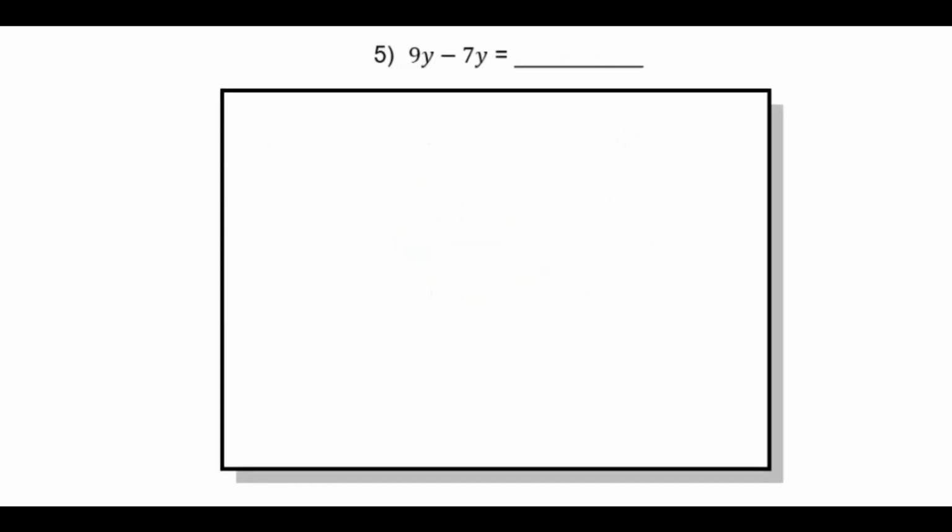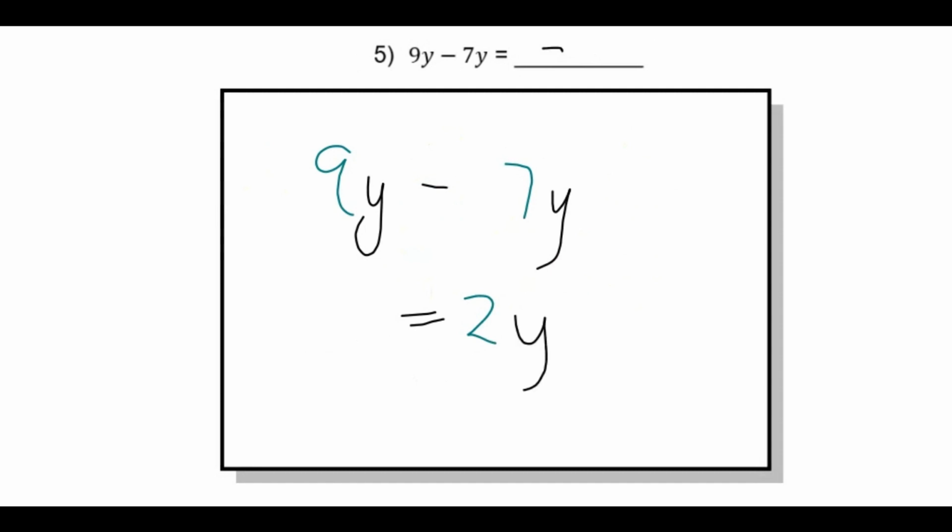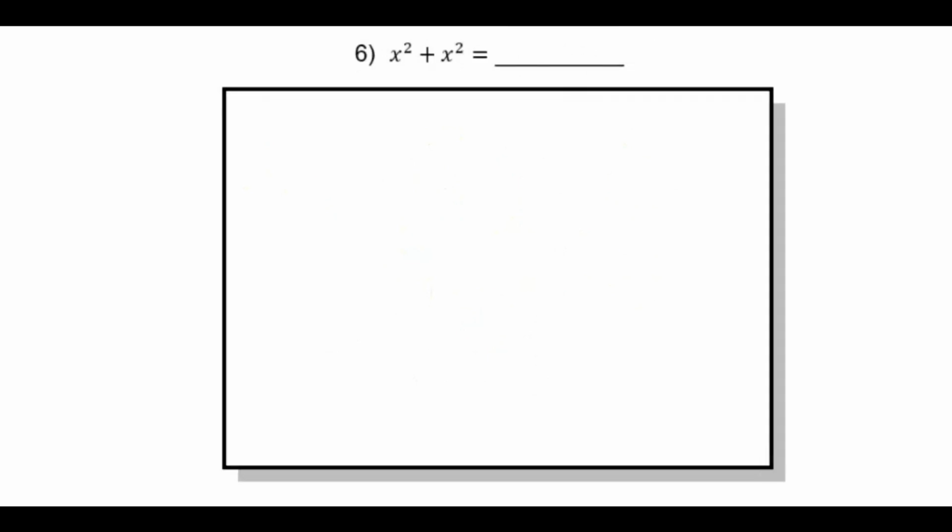Question 5 then. 9y minus 7y. So it's 9 minus 7. Just think of it as the blue numbers, subtract them, and then you get 2. And then once again, you just add that y. So the answer is 2y. Question 6, we mix it up a little. We throw in some exponents now. x squared plus x squared.